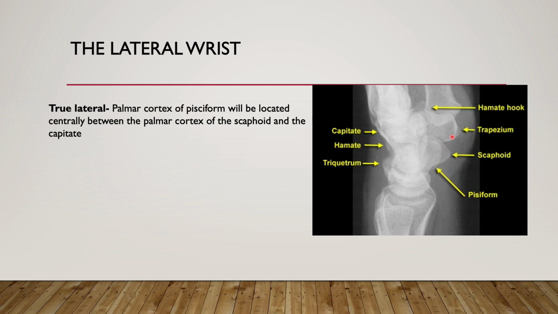If we draw a line from the scaphoid like this, and we draw a line across the capitate, and we take the midpoint, the palmar surface of the pisiform will be approximately in the middle of this and this, right? So this is our true lateral view.